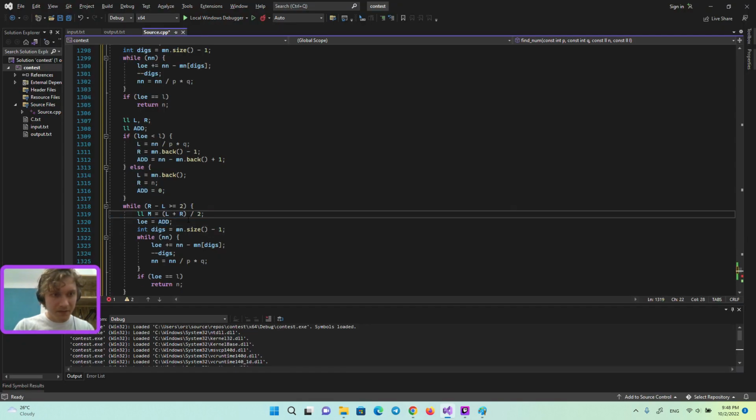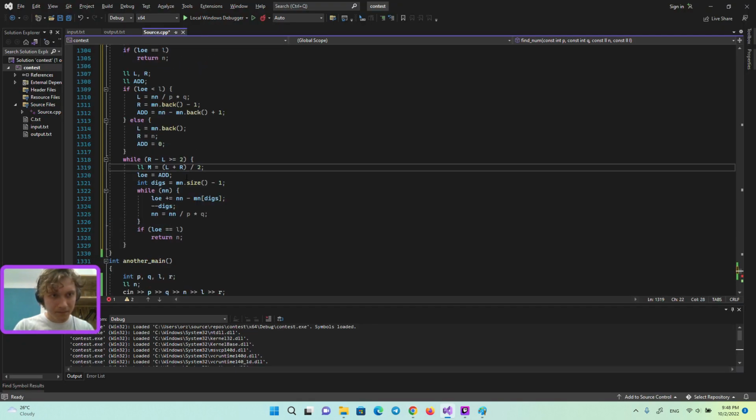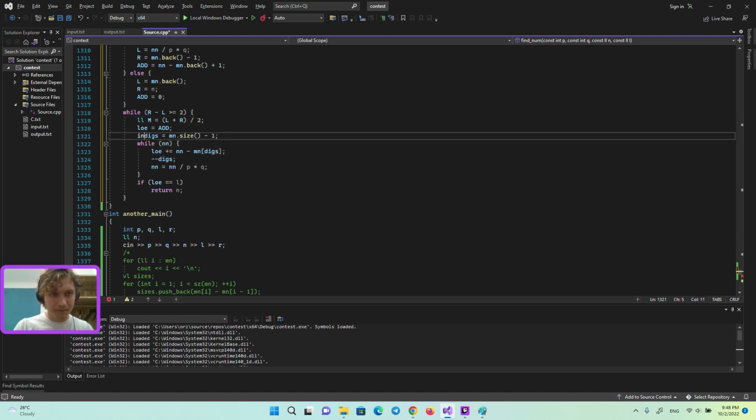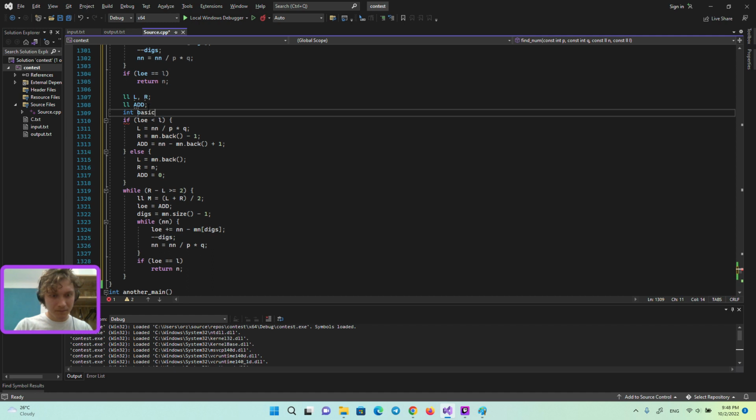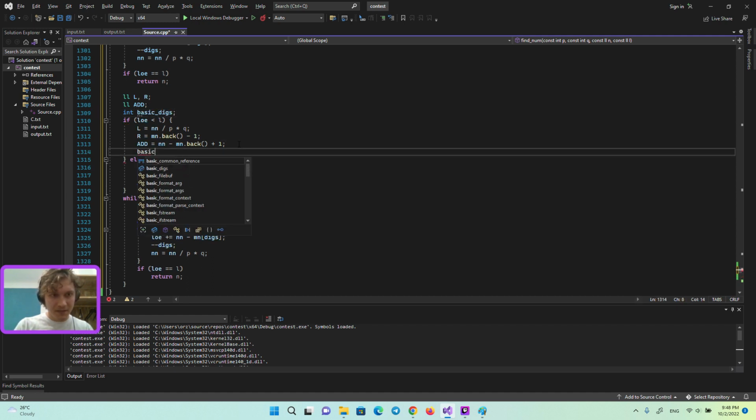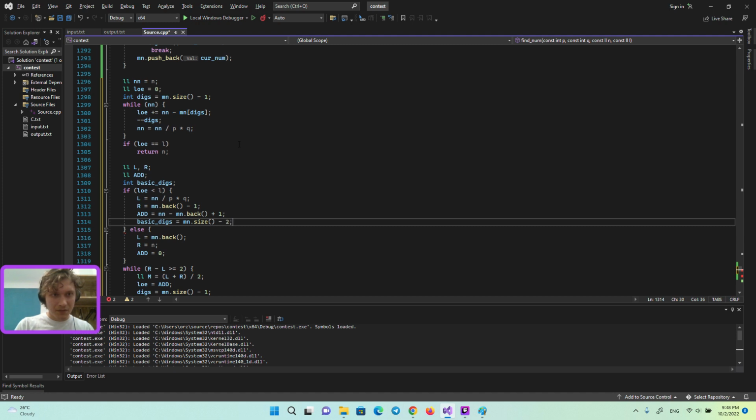It's too little time. So here I have basic digs equals mn dot size minus 2, and here I say that it is minus 1.